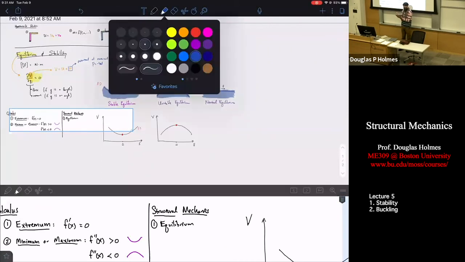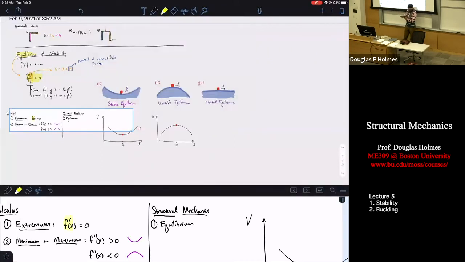I'm just going to highlight those really quickly. Checking the second derivative in the case of structural mechanics tells you if that equilibrium is stable.